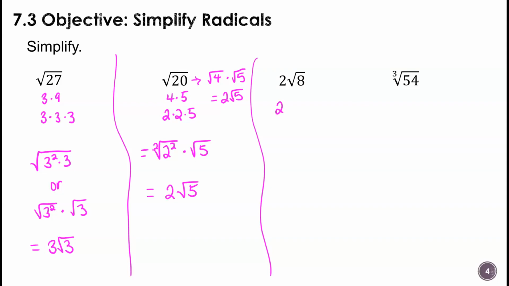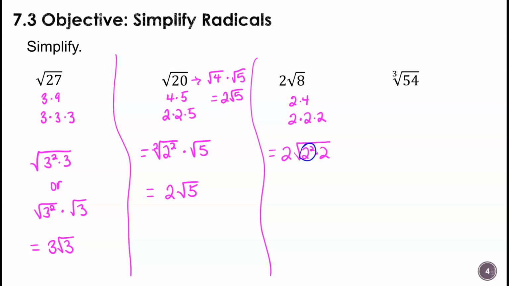All right, so 8 is, let me do this before I put the radical. 8 is 2 times 4, and then 4 is 2 times 2. So this is what it looks like when I factor 8. I'm going to keep the 2 on the outside. I'm going to have 2 squared times 2, and I'm going to put this under one radical.